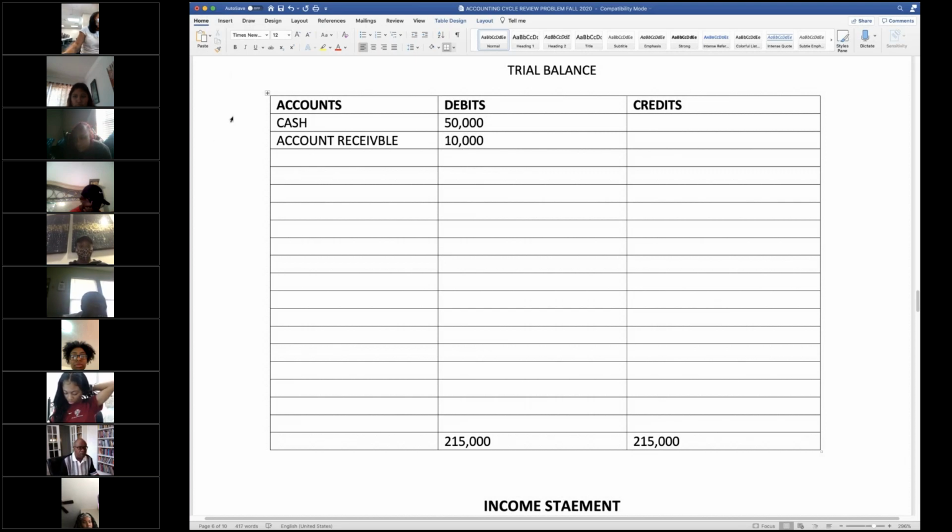Then we have supplies, 40,000 debited. Then land, 90,000 debited. So we're just simply pulling these straight from those accounts in that order. Next, accounts payable, 25,000 credited.